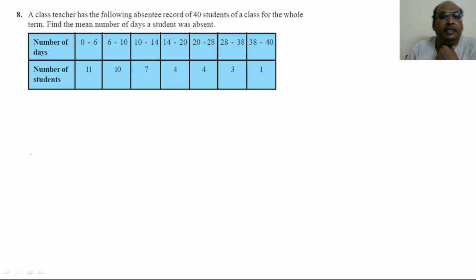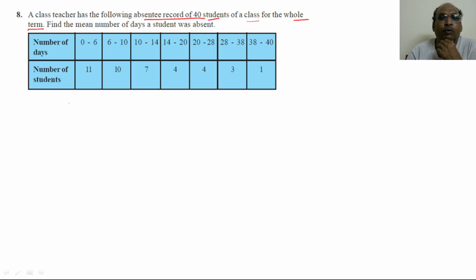Question number 8. A class teacher has the following absentee record of 40 students of a class for the whole term. So total 40 students are there.